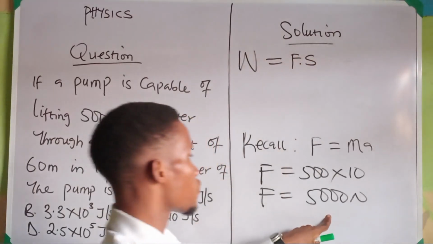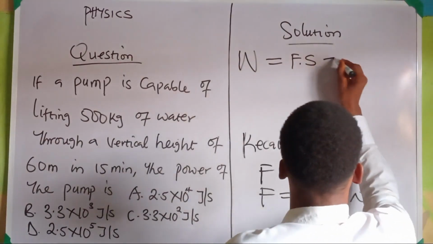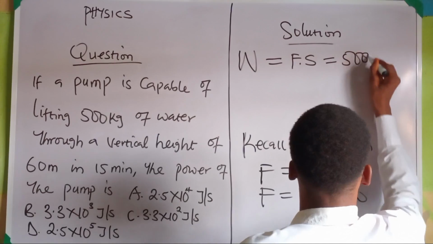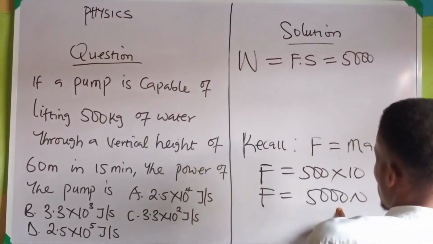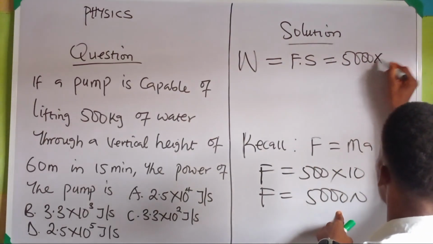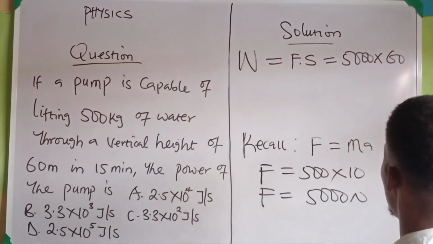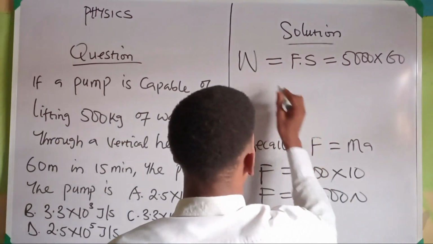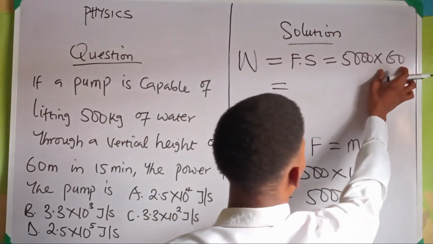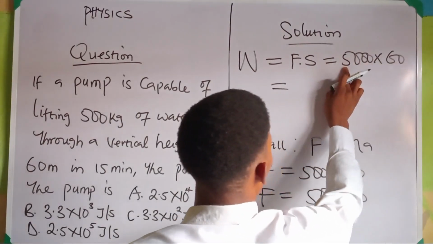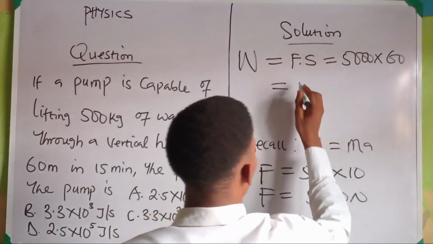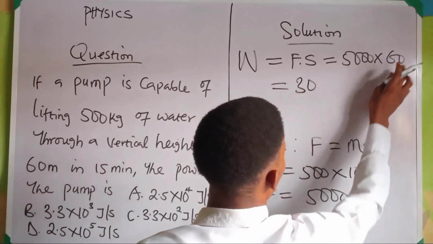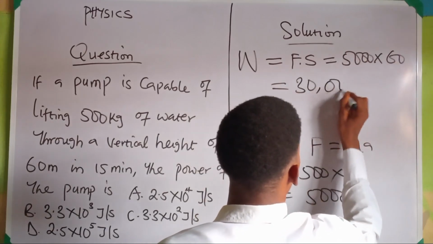We got our force to be 5,000 Newton, which implies that this is 5,000 Newton multiplied by the distance, which is 60 meters. So we can say 6 times 5 is 30. So this can give us 30,000.